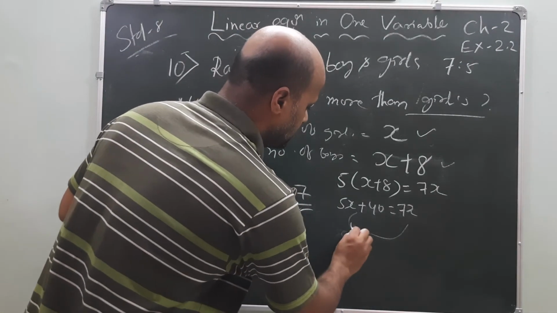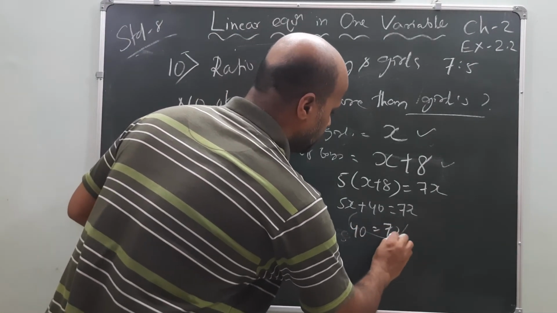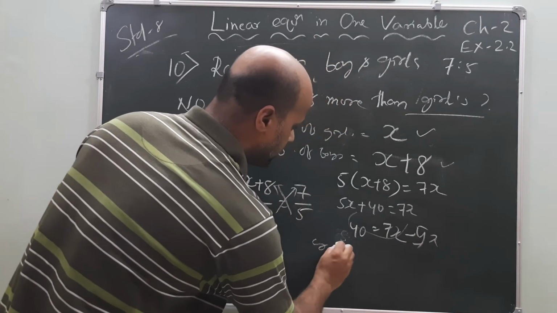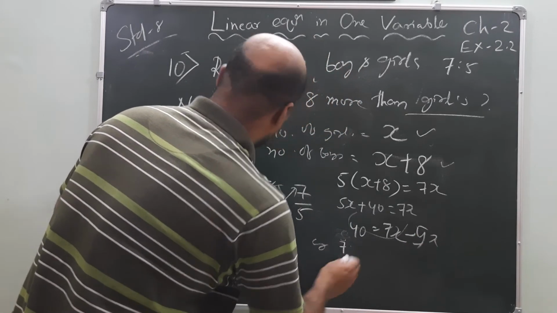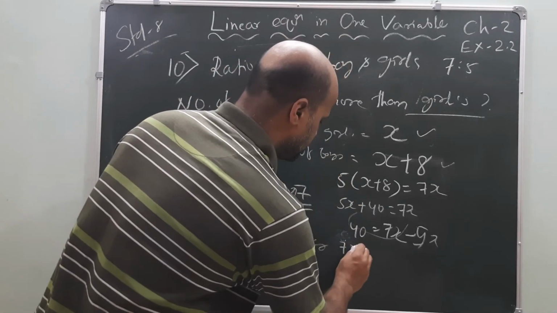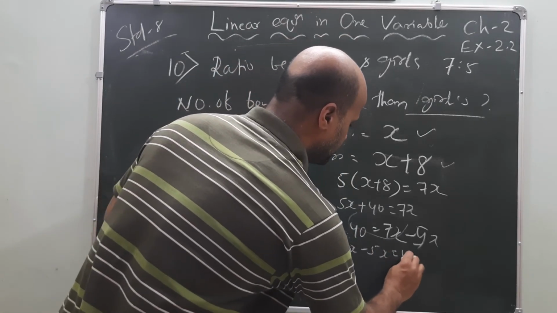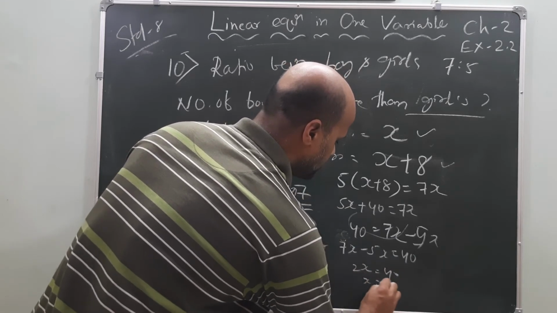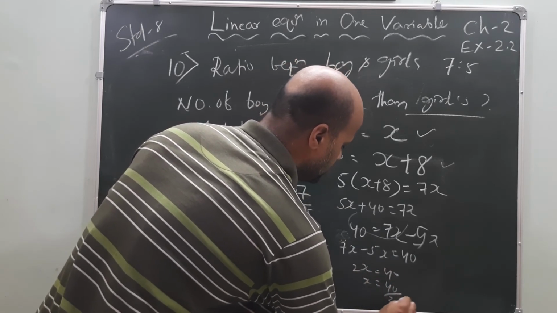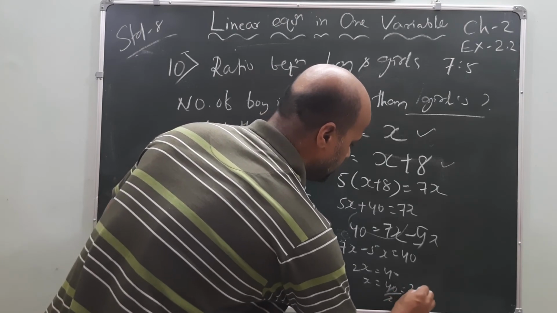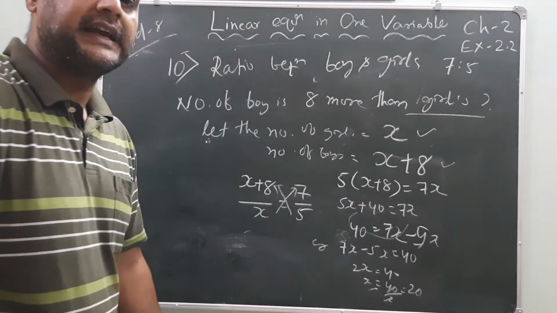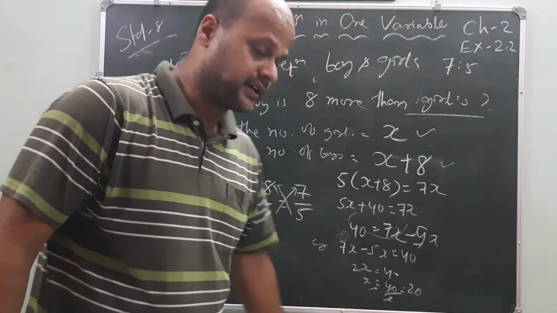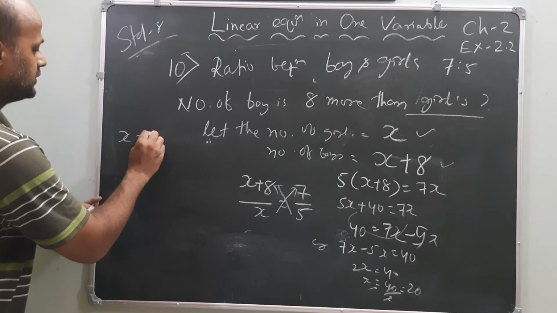So 40 is equal to 7x minus 5x, or 7x minus 5x is equal to 40. 2x is equal to 40. x is equal to 40/2, which is 20. So x is equal to 20.